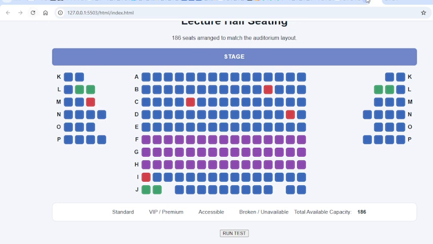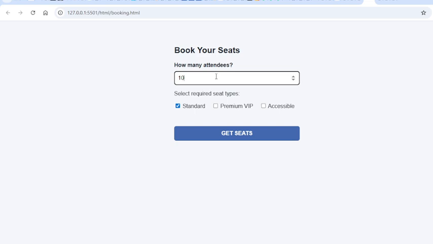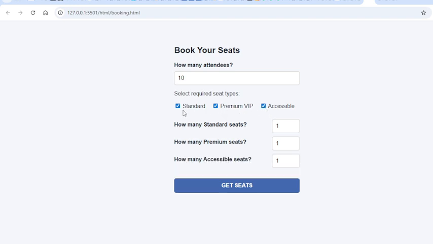And so, to begin, from the point of view of a student, if I was coming with my friends, I'd enter a group of 10 people, and then I'll be required to put what seats I desire: if it's just standard seats, VIP, or maybe someone would need an accessible seat.